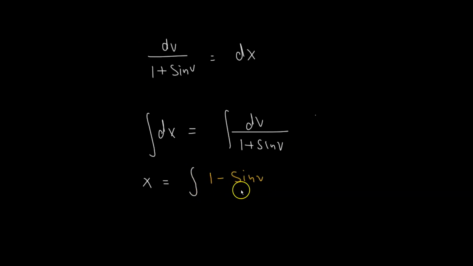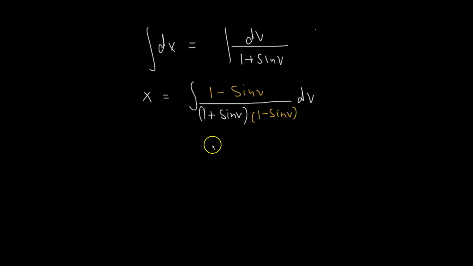So that will be 1 plus sine v multiplied by 1 minus sine v, integrated with respect to v. That's an identity, a plus b times a minus b equals a squared minus b squared. So we have 1 minus sine v whole divided by 1 minus sine squared v dv.